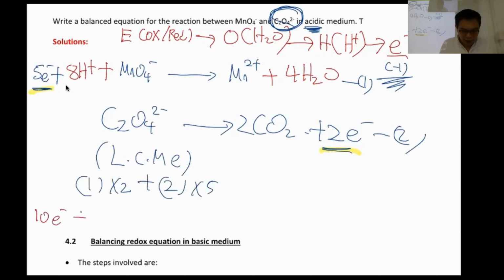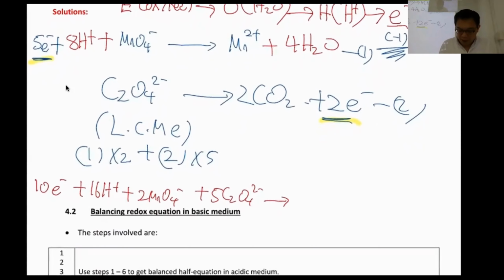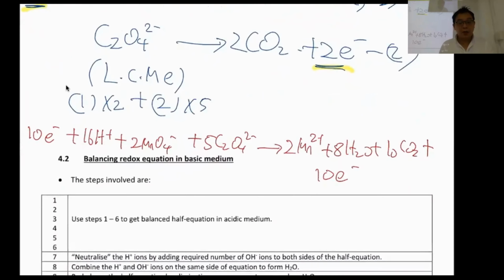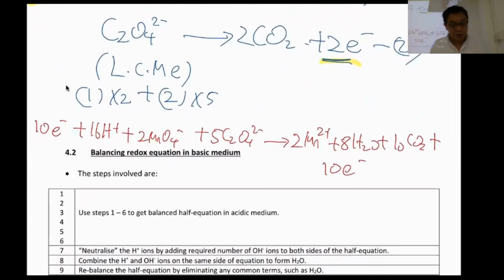10 electrons plus 16H plus 2 MnO4 minus, and you plus 5 C2O4 because you're merging them, followed by 2 Mn2 plus 8 H2O plus 10 CO2, and plus 10 electrons. It looks like a very complicated equation, but you get the gist of it.